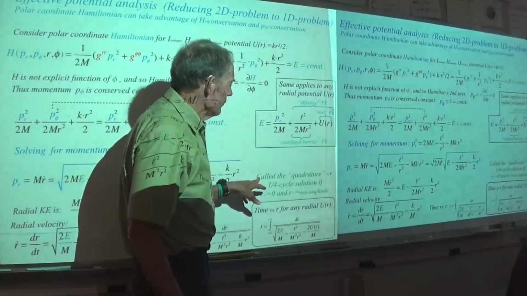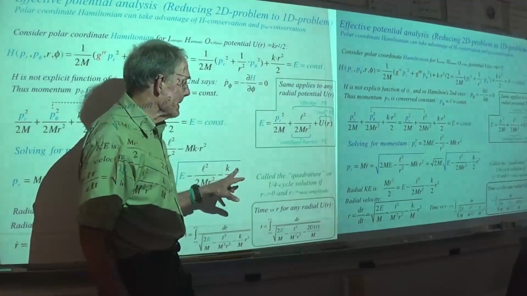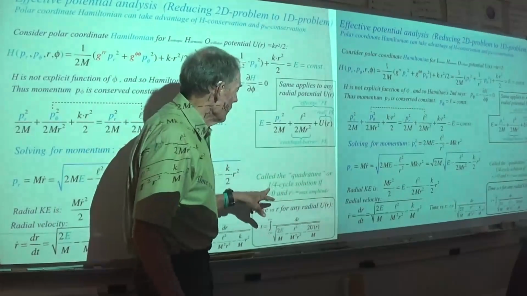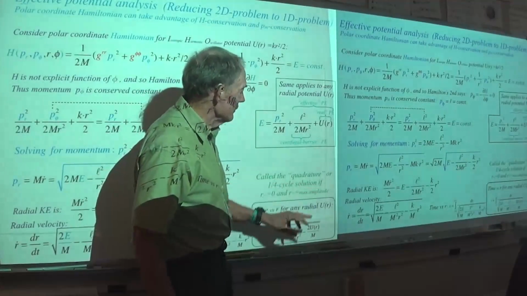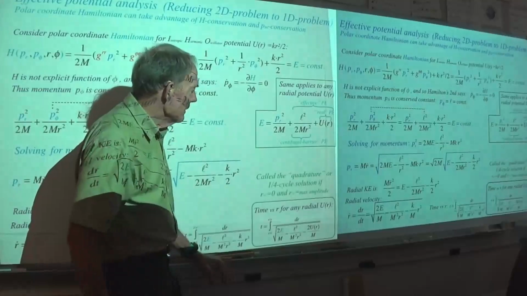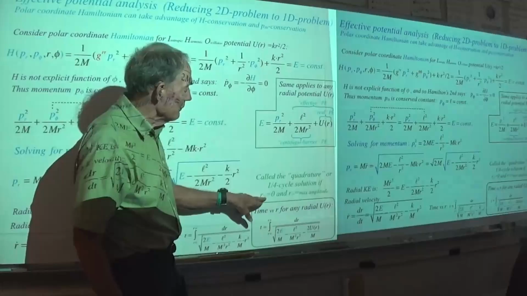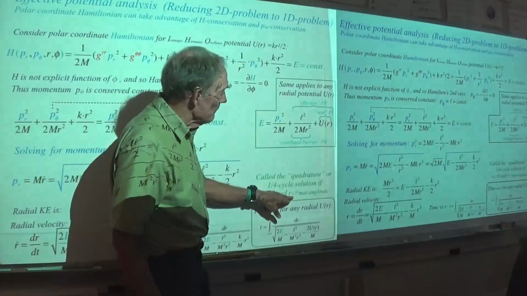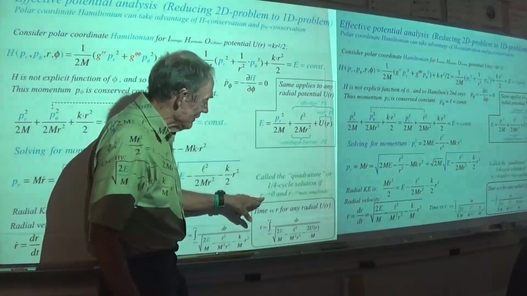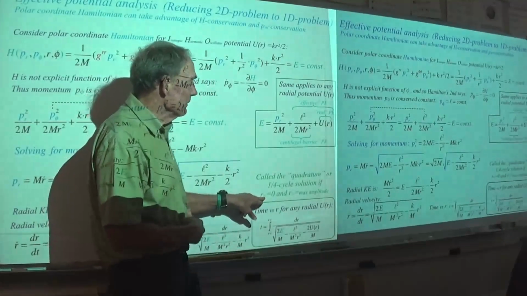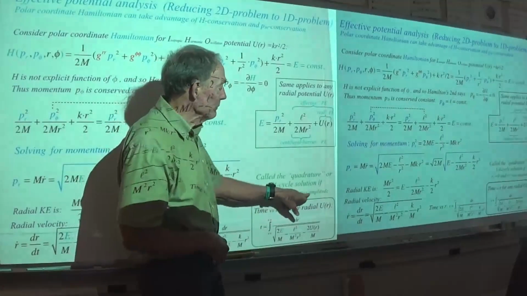What you do is called reduction to quadrature in the literature. It's called a quadrature, or quarter cycle solution, for some oscillatory mechanism. You're basically going from a low value of the radius to a maximum value. That is, you're going from the perigee, the low point in an orbit, to the apogee, the maximum amplitude.